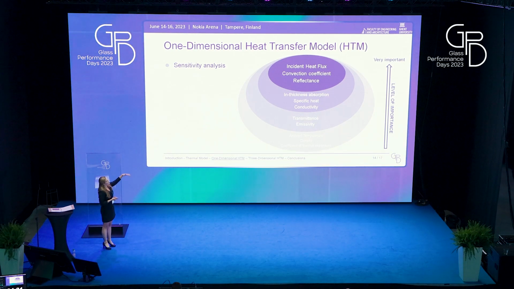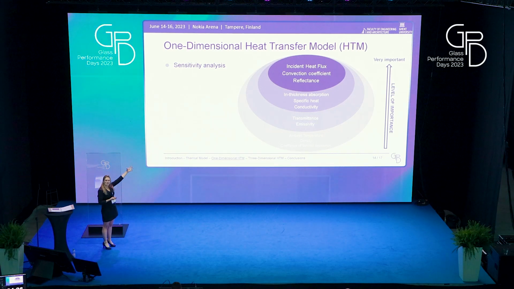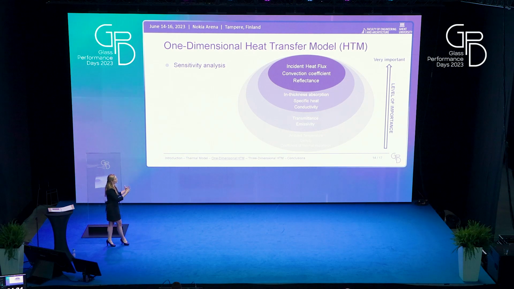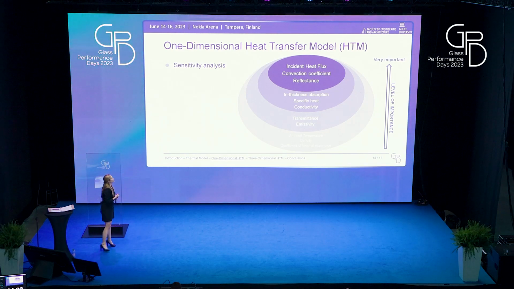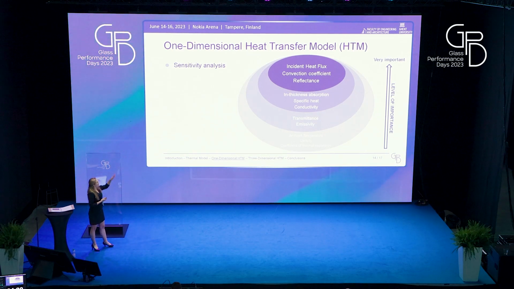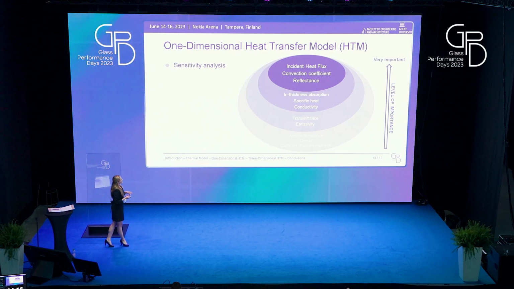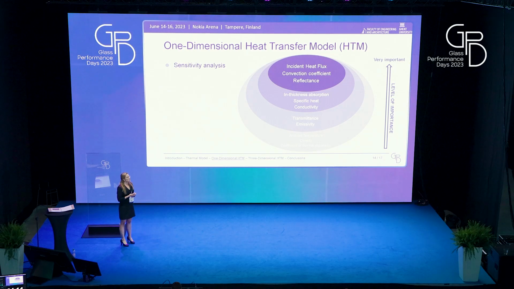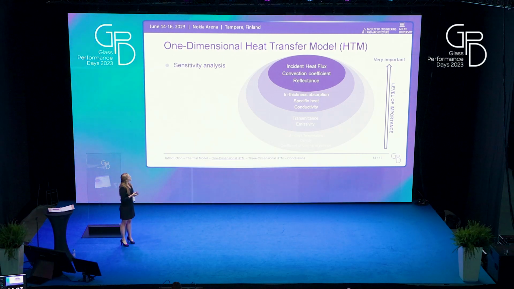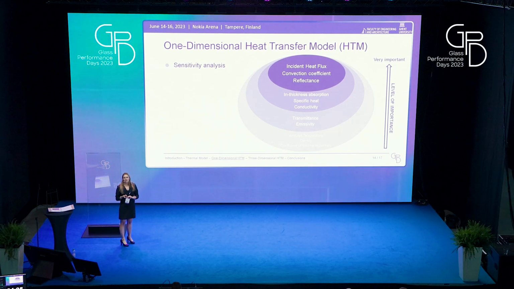As you can see, the input factors on the top are the most important to assess properly to have a good and accurate result in relation with experimental data, and then the level decreases a little bit as you go down. The most important factors to assess properly, to have a good numerical assessment of your experimental data, are the incident heat flux, the convection coefficients, and the reflectance.